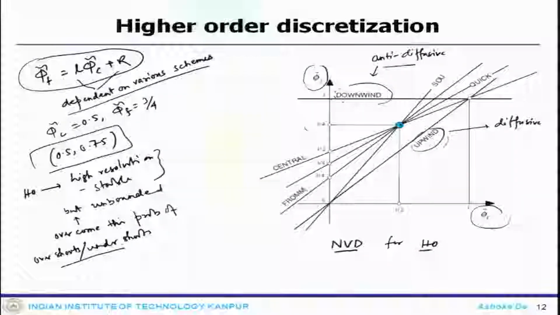Now, a linear numerical scheme that is monotone can be at most first order accurate. So, what it says is that all higher order linear schemes are not monotonicity preserving.